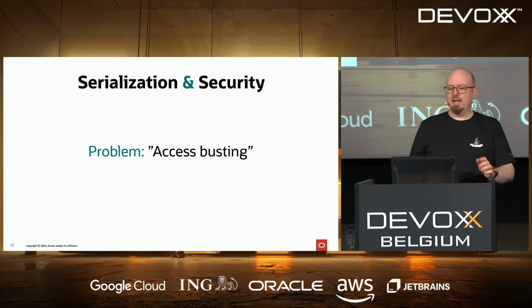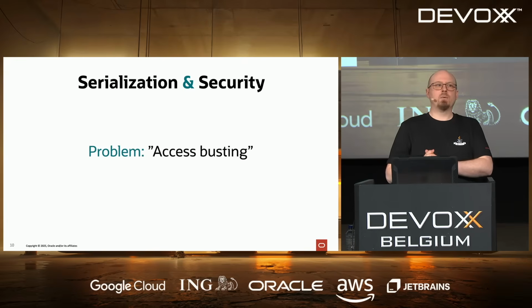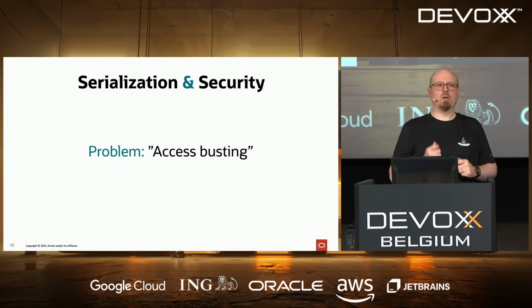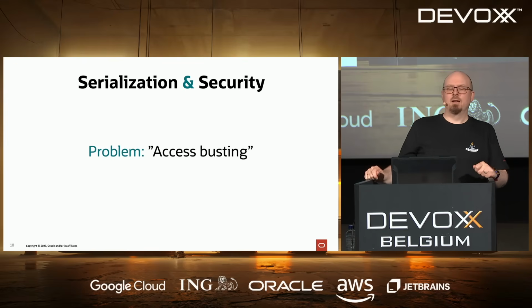And of course, access busting, which is essentially disregarding access control. So if you can just reach into an instance and do whatever you want and pull out field values and poke field values back in, then you have a pretty brittle security model as well.